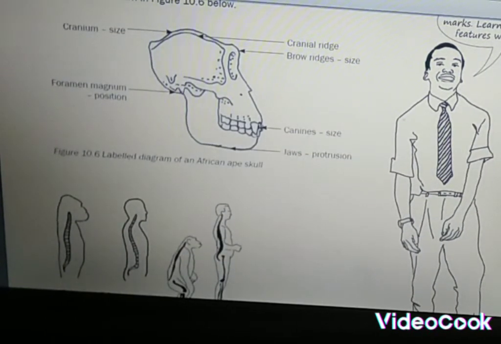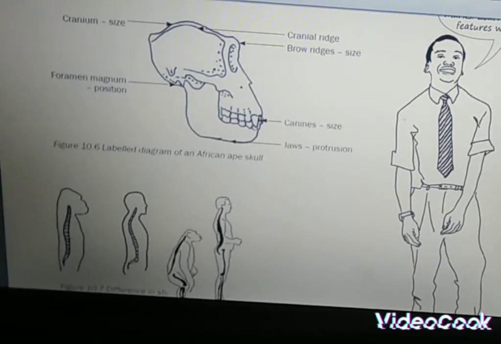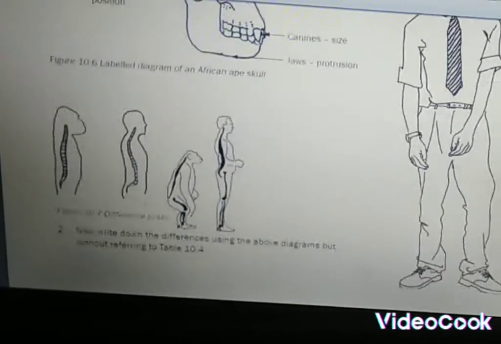All right, the cranium size: we have a large cranium, broad ridges there are not fully developed, the foramen magnum position is there, and the canine size is smaller. And for an ape, the canines are very, very big, the broad ridges are fully developed, right? And their cranium size is going to be smaller than that of a human being.